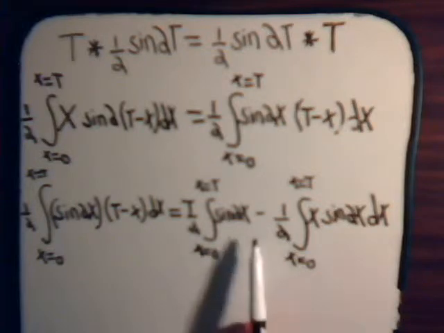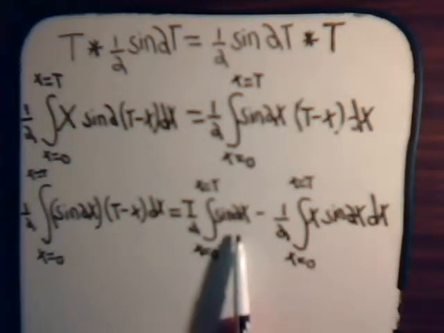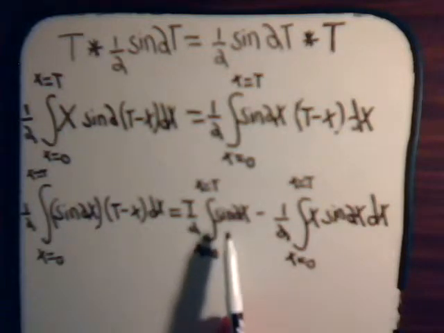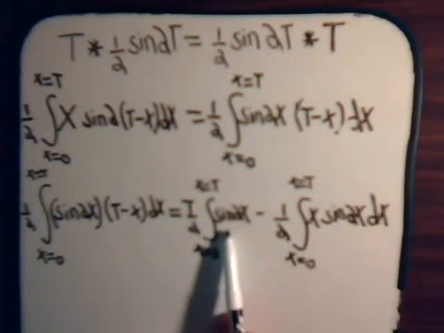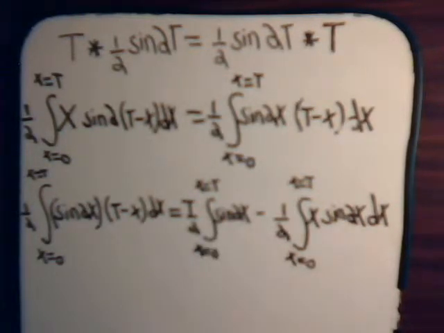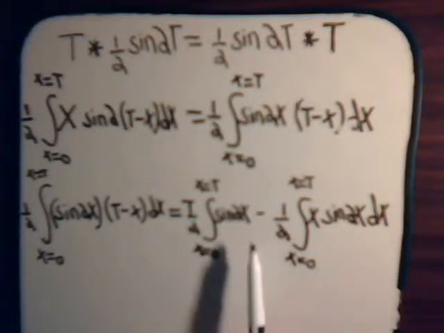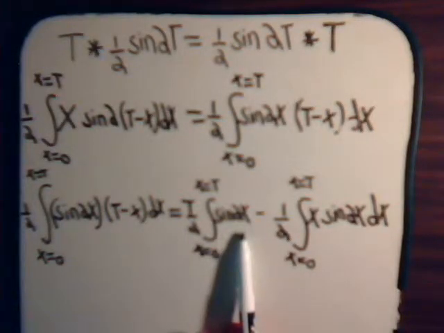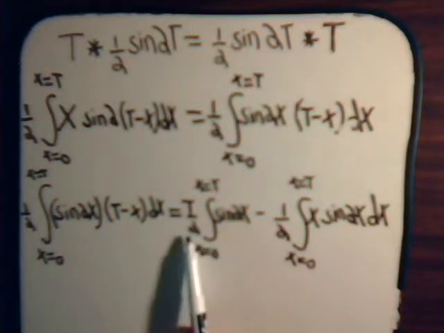So let's look at this one here. Here we have t over 2 times the sine of 2x. The integral of the sine is minus the cosine. That would be minus 1/2 the cosine of 2x times 2.